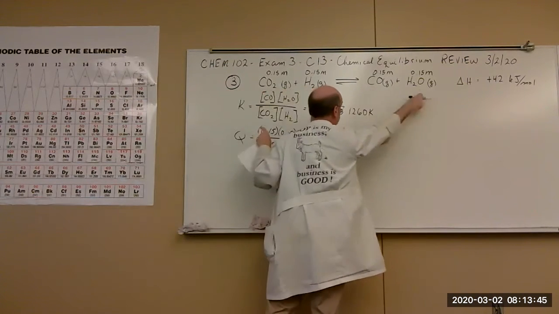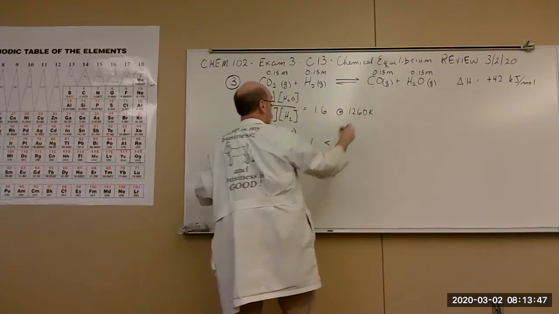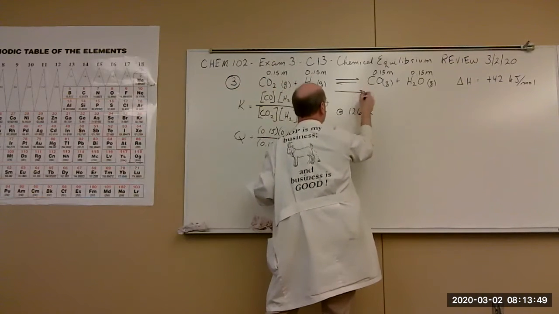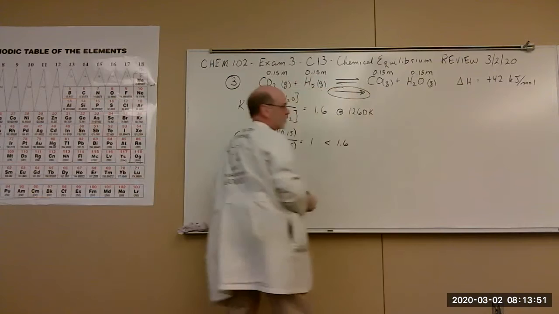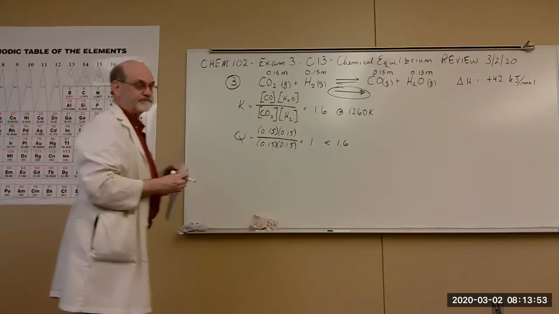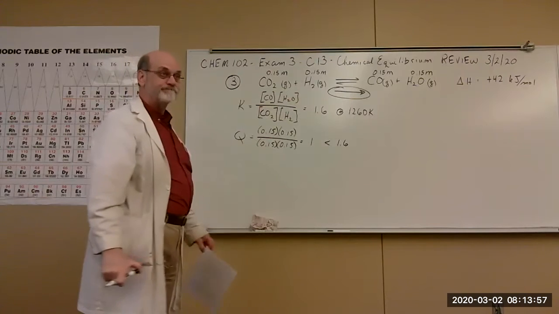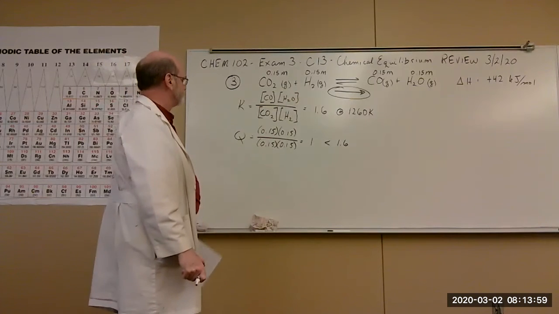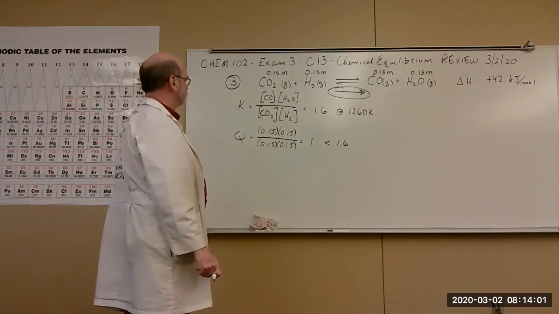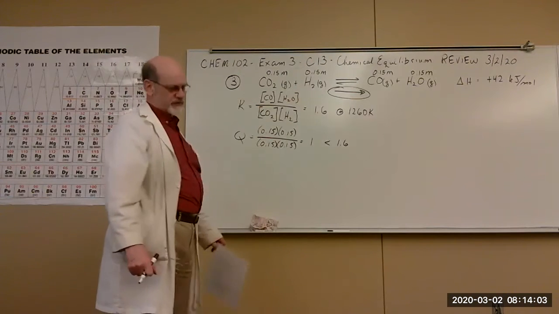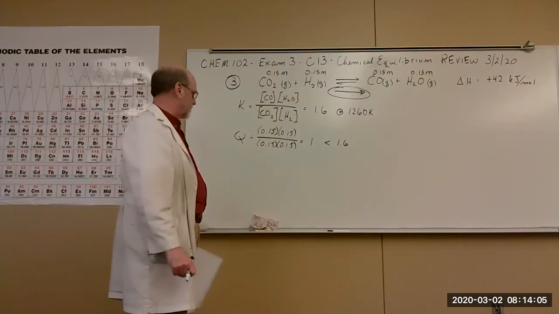That means we need more of that, right? So the reaction goes that direction. Goes to the right. When you do Q, is it still the products over the reactants, or would it be the reactants over the products for Q? It's always the same. It's always the same? Okay. Yep.